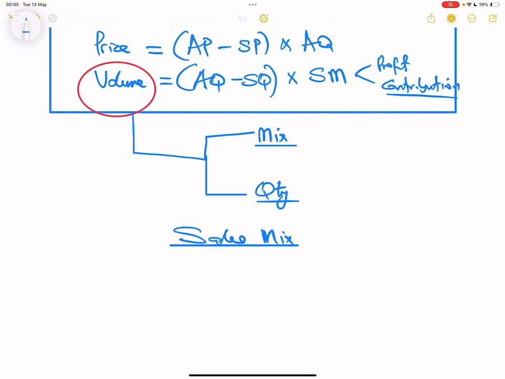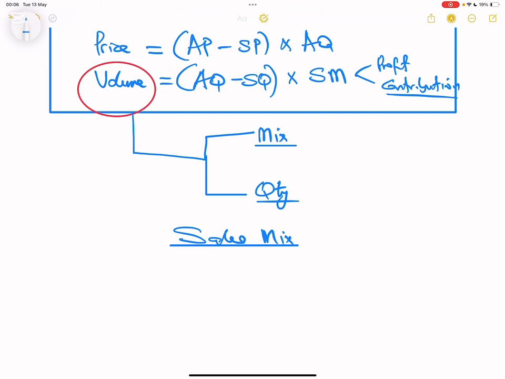Okay, so we have more than one product, and if we have 2-3 products, we will plan the way we want to sell them in terms of quantity, and that quantity will give us the standard percentages, which is the standard proportions of how we plan to sell those products. However, that would not necessarily be the actual.